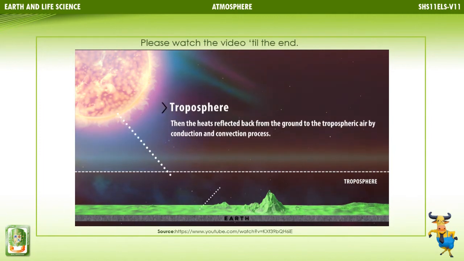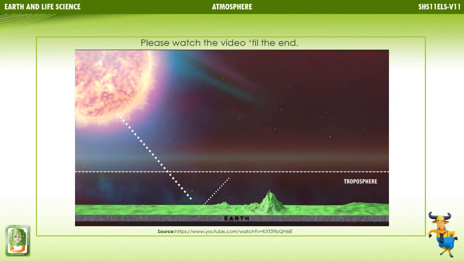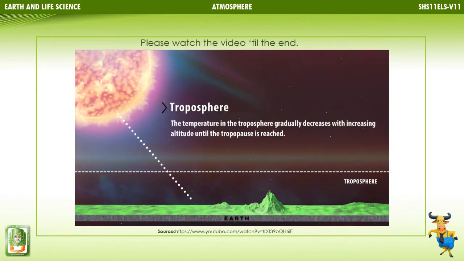Then, the heat is reflected back from the ground to the tropospheric air by conduction and convection processes. The temperature in the troposphere gradually decreases with increasing altitude until the tropopause is reached.